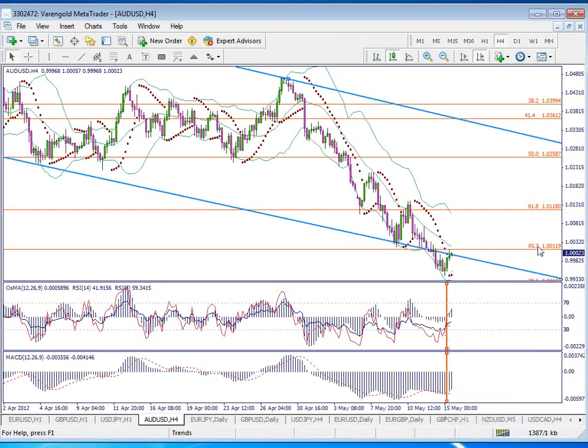So the pair can retrace from this 70 and make some swings into that inferior line of the channel.